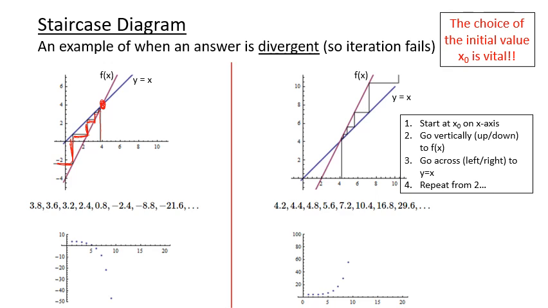Remember that the solution are where those two lines meet. If the result is getting further and further away from the actual answer, then our iteration method is failing.